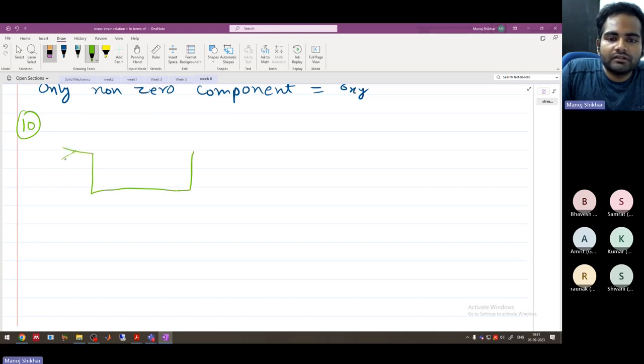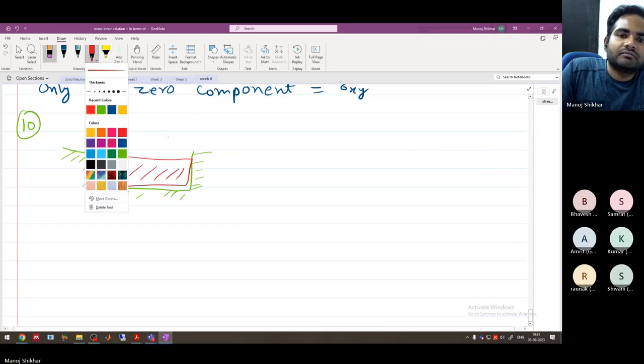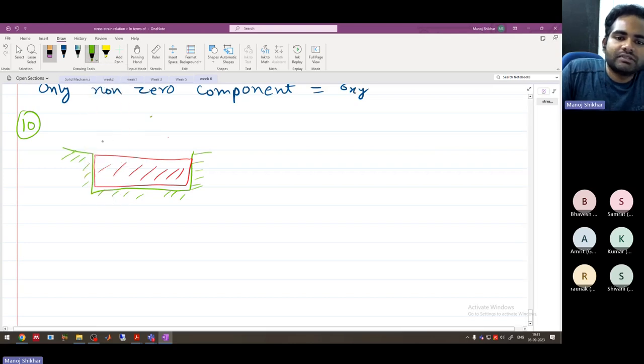So you have a cavity here. Please do not judge my drawing. And they have filled it with some rubber. They are applying some force, some pressure P here.